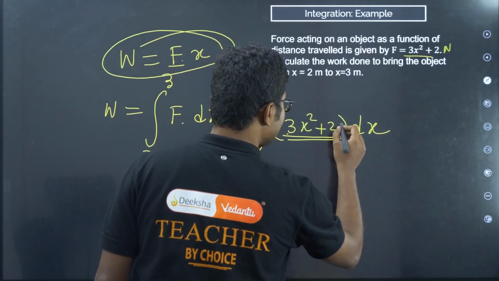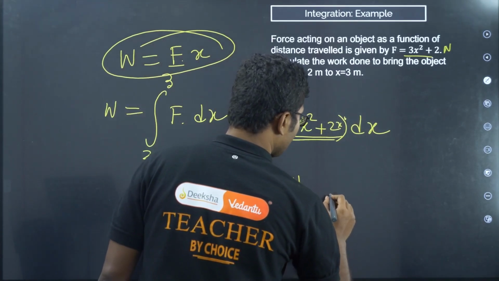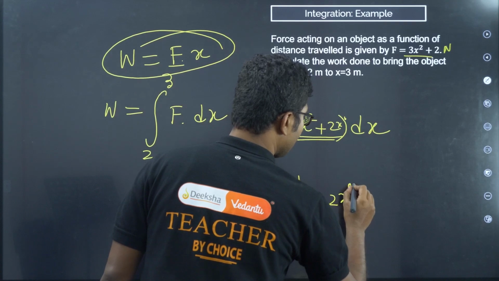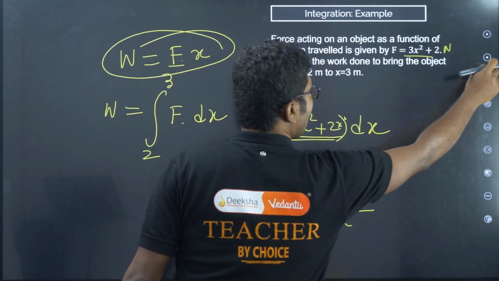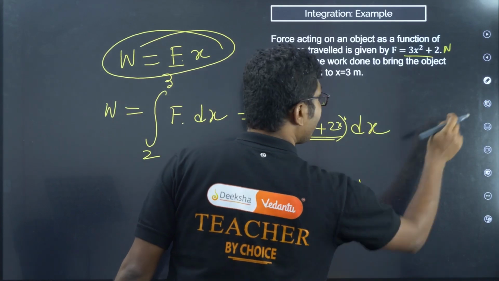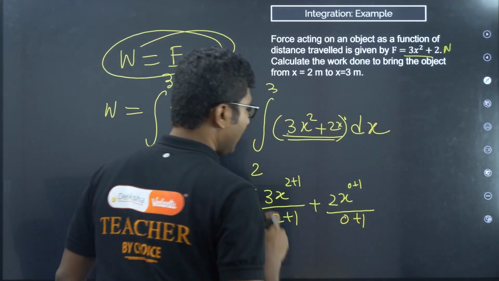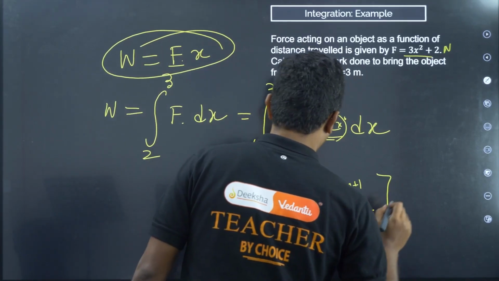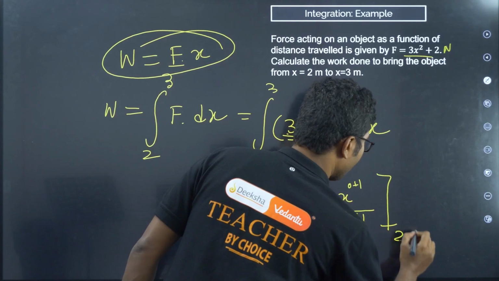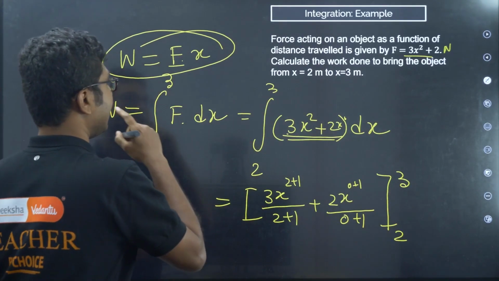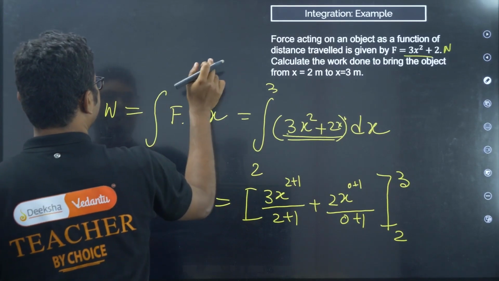Plus there was x to the power 0 here, so we can write 2x to the power 0 plus 1 divided by 0 plus 1, right? And outside, since the integration is completed, we will write the limits from 2 to 3. This is how we write the integration.